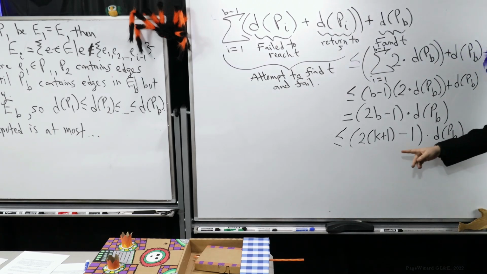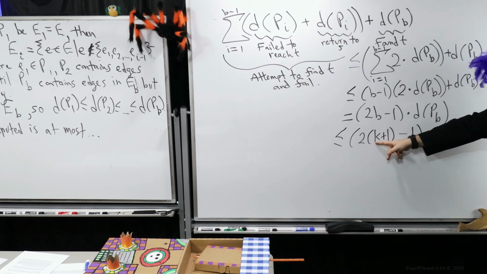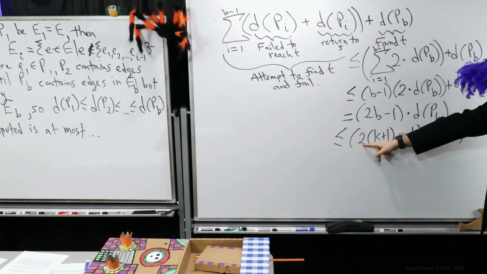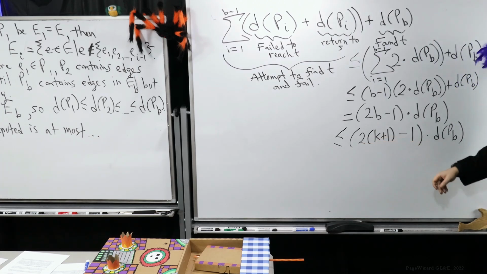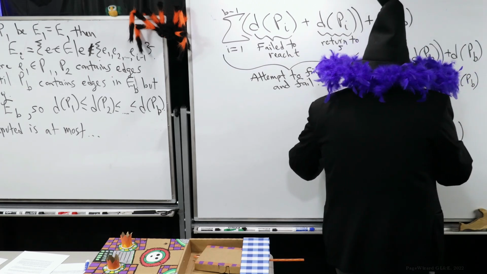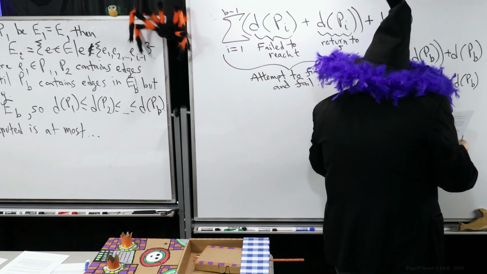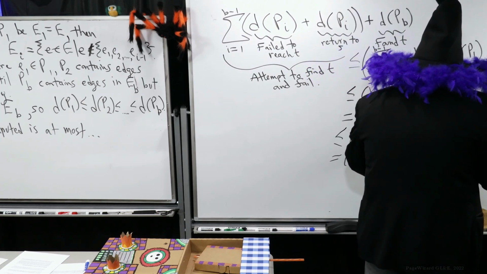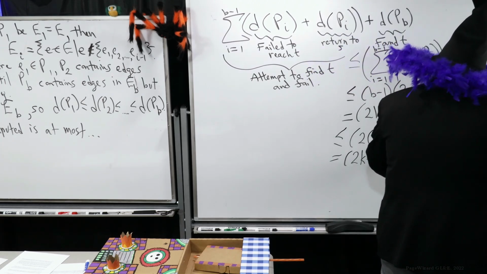And now, notice that 2 times k is 2k. We got 2 times 1 is 2. So I have 2k plus 2 minus 1. So I end up with 2k plus 1. This is 2k plus 1 times dpb.